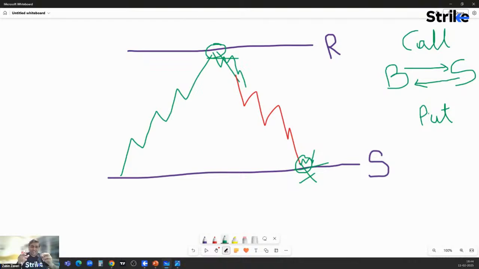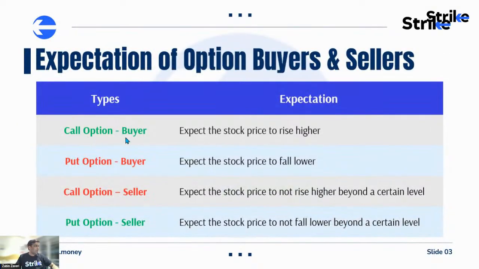So these retail people, the amateurs, are generally option buyers. If they are bullish on the stock market, they will buy a call option. If they are bearish, they will buy a put option. These are the two things that retail people generally do.